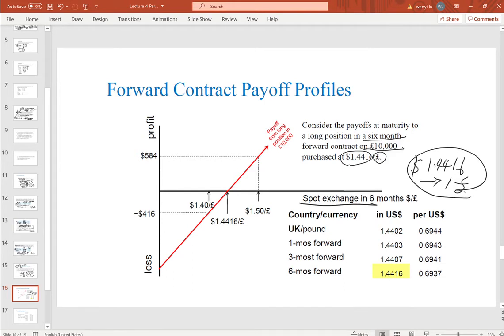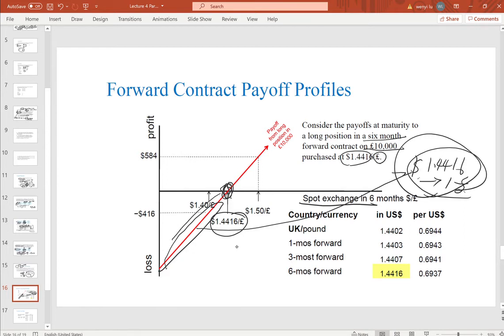But what exactly happens on the market can be different from your expectation. For example, if the price on the market turns out to be equal to 1.4416, there will be no gain, no loss, you just break even, right? However, if the price is cheaper, but you already signed a contract, you need to buy at a more expensive price. So you take a loss. The lower the price in the future, the more loss you will take.